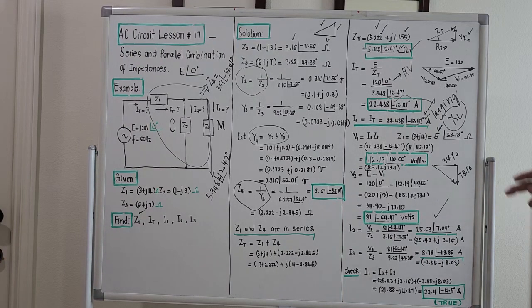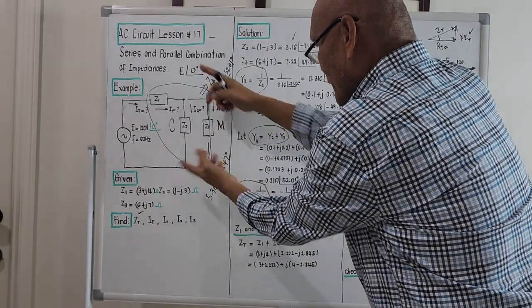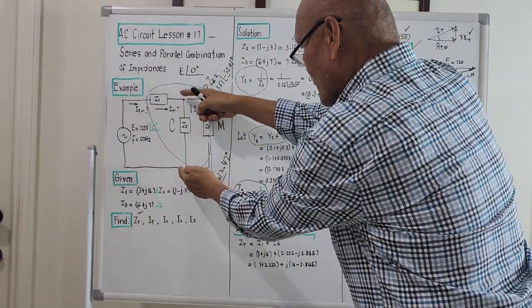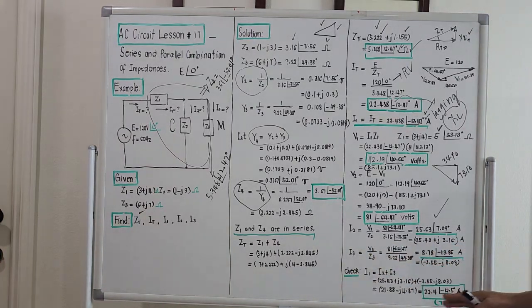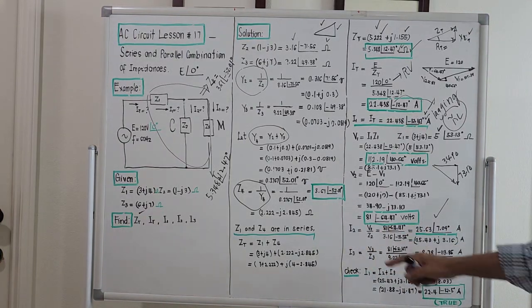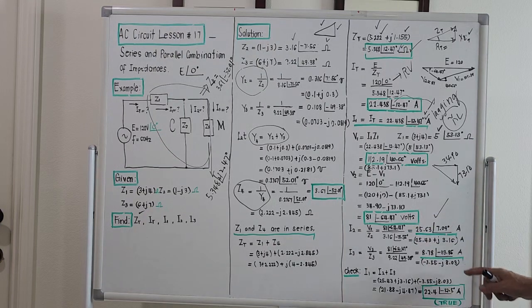And the value of I3, same voltage. B2 and B3 are the same, so we now know the voltage across them. So I3 will be B3 over C3, in which B2 is equal to B3. What comes out will be 8.78 angle negative 113.85 degree ampere.